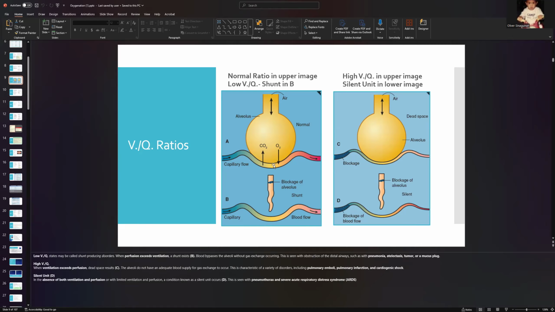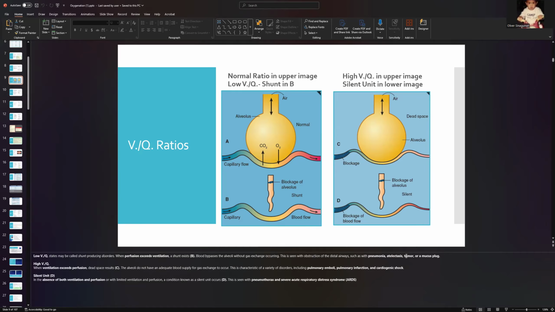We're going to go back to shunting now. It doesn't have to be blocked like this. It could happen through different ways. The point is, something in the alveolus, the lung part, the air part, is preventing gas from traveling. So for low VQ, examples include pneumonia, atelectasis, tumor, or mucus plug.